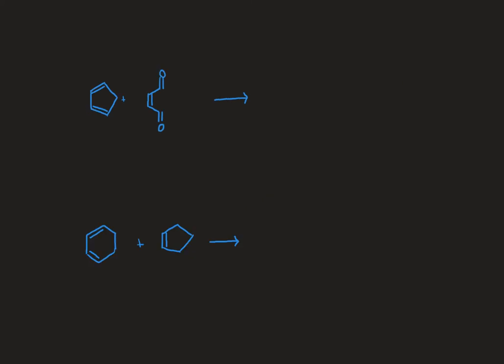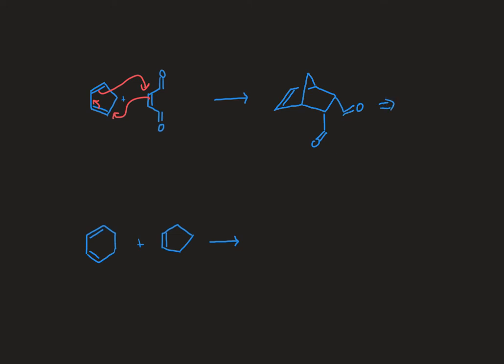Look at a couple of more examples. This first one, the dienophile has some pi electrons, and so the endo product is going to be favored. We draw the mechanism, it looks like this, remember? And the product then looks like this. Where the substituents are going down or under the new cyclohexene.